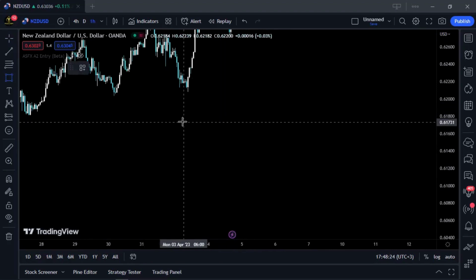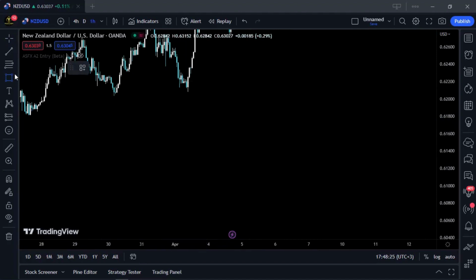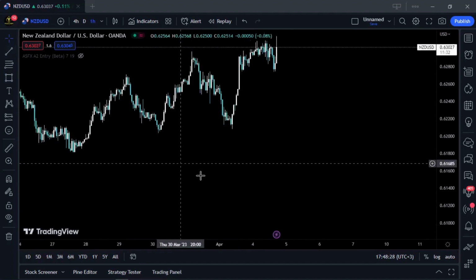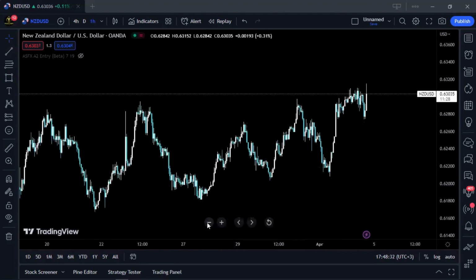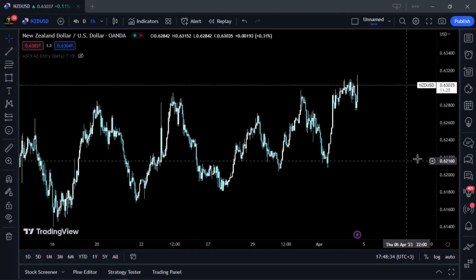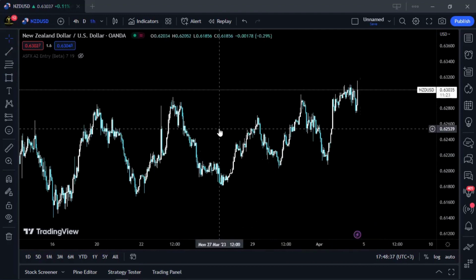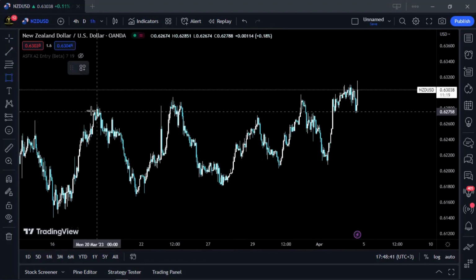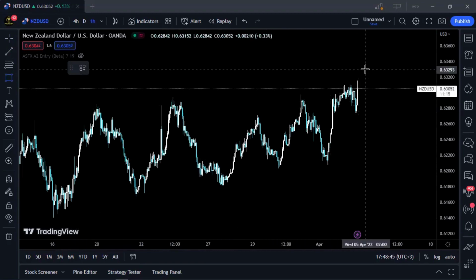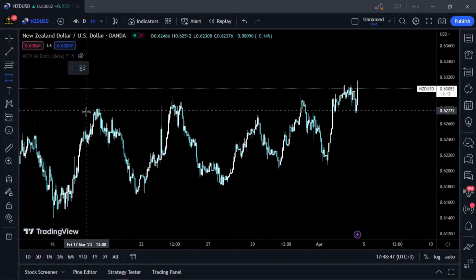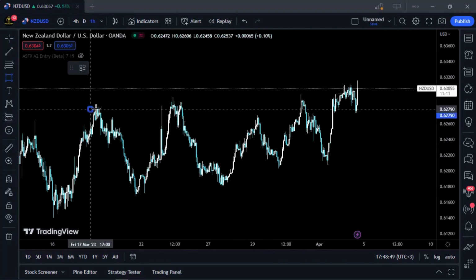When I say market structures, I mean structures in which the markets have shown some potential strength in the market, right? So for instance, if you see here prices were rejected, here prices were rejected, here prices were rejected, and here prices are being pushed higher, this is a potential market structure, right?